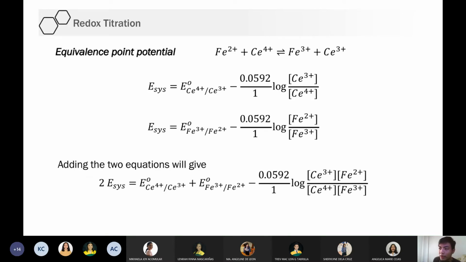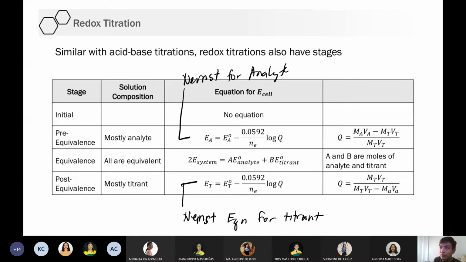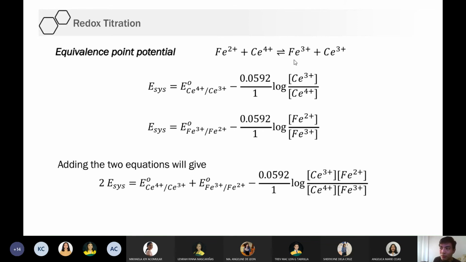So ito yung dahilan bakit ganun yung ating equation dyan. So I gave an example mismo dito. This is the Nernst equation for the analyte. This is the Nernst equation for the titrant. Okay. So you just combine them, since sabi natin itong dalawang cell potential na yung nagko-contribute sa solution at equivalence.